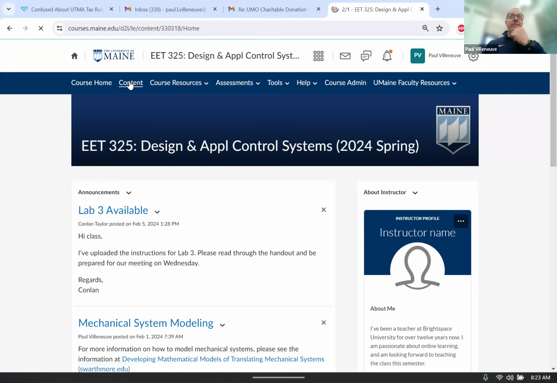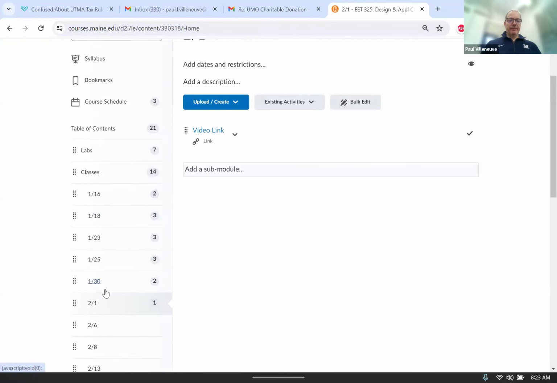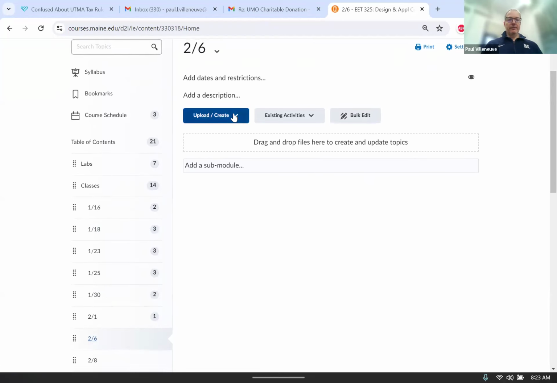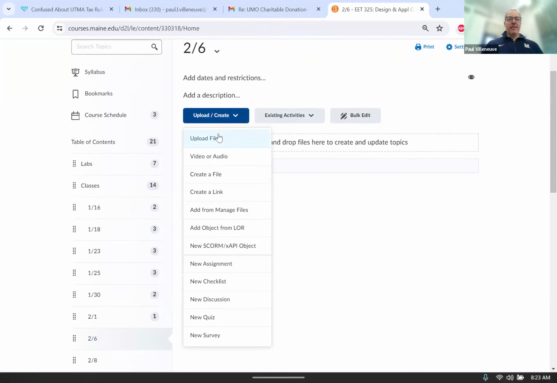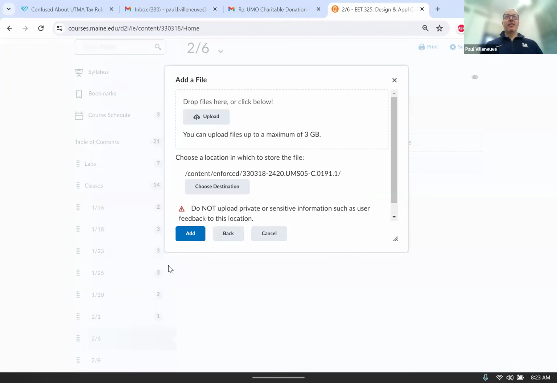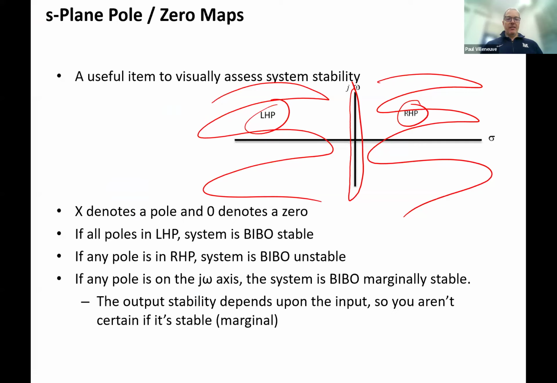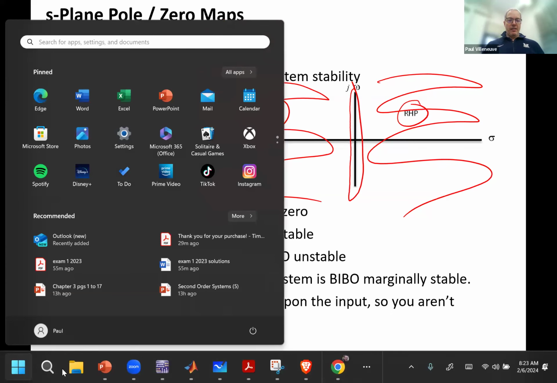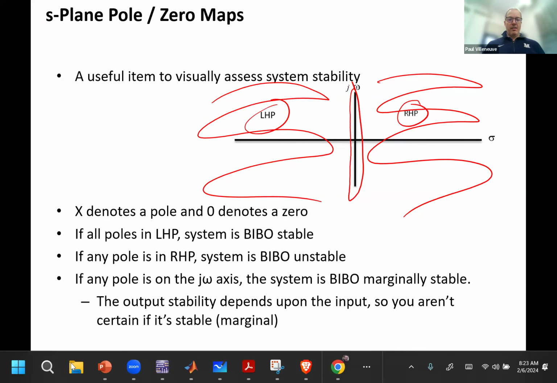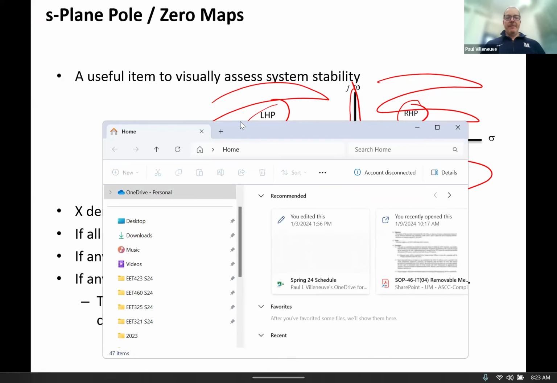Will we have a test next week? No, the week after. Yes, that's the current plan.